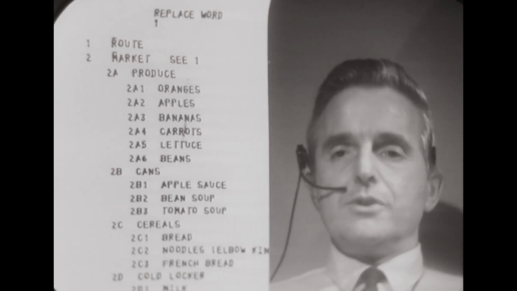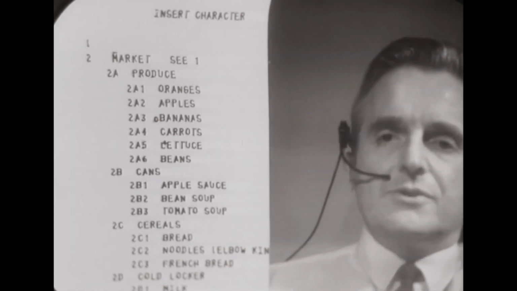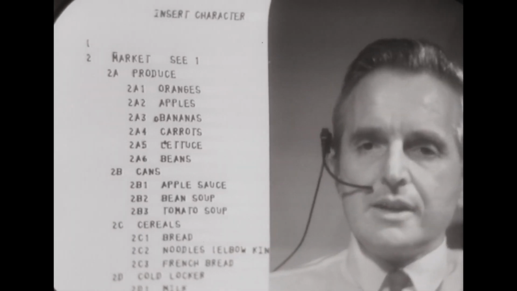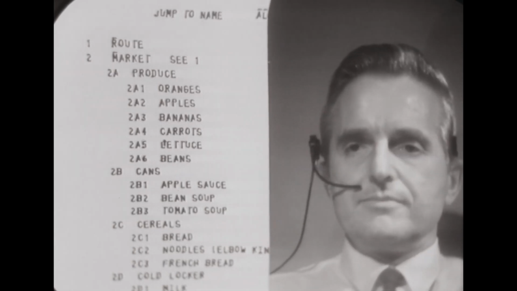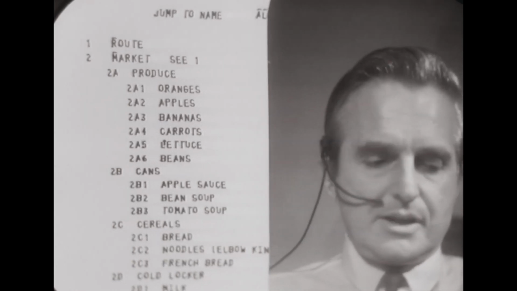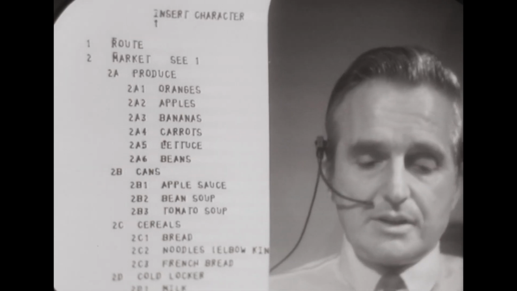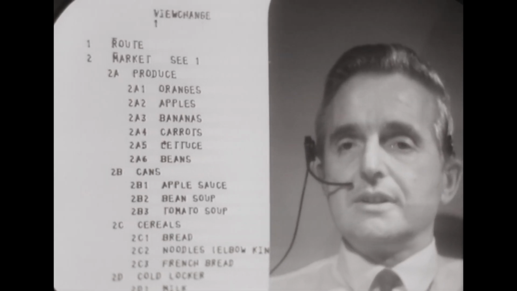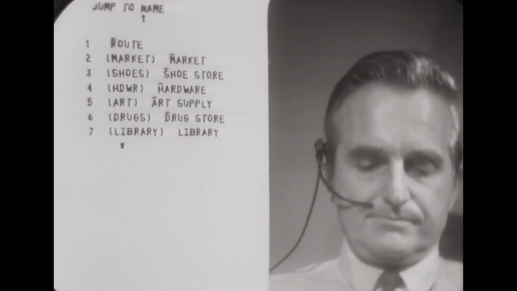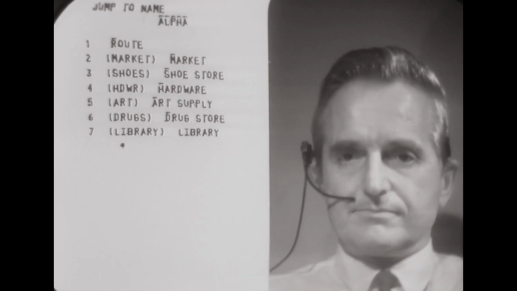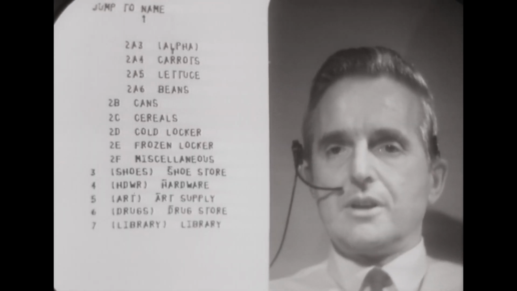It turns out if I wish, I can also make a cross-reference to something where I gave it a label or a name, such as you do when you're programming. I can call this alpha. Jump to name, and I can type it. I think I made a mistake when I typed it. So what I should really do is say I'd like to reconform my whole picture. So there. It's going to say name. And I jump to something named alpha there.